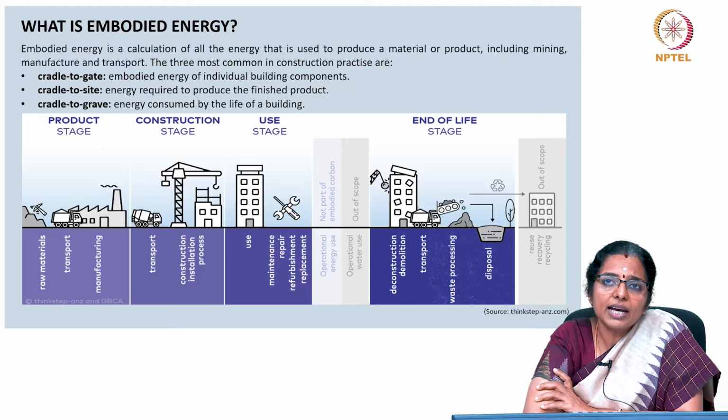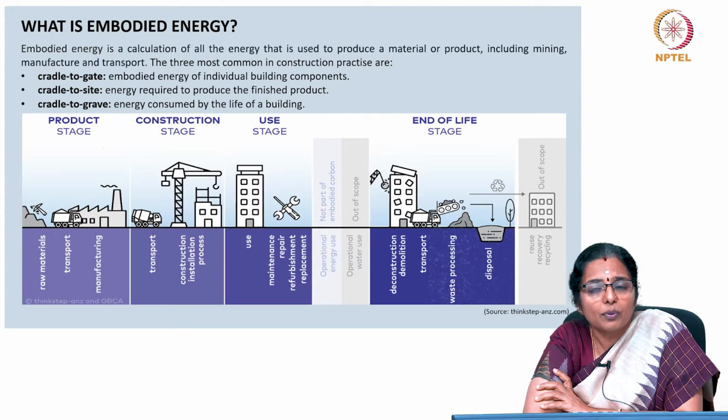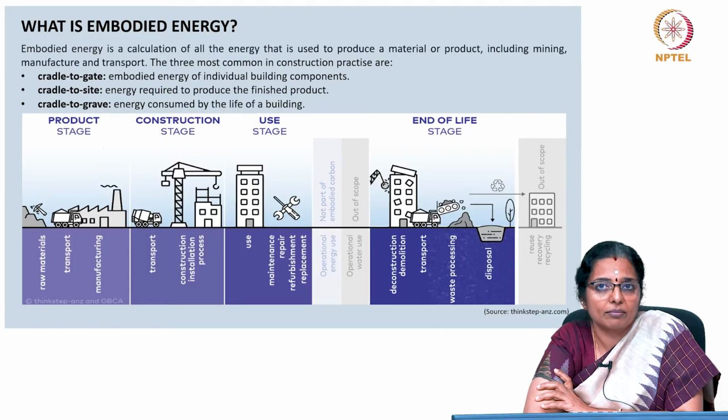It includes the energy used for the extraction, the processing and the manufacture of the materials of the building, as well as the transportation and assembly on site. Recurring embodied energy is the energy needed to refurbish and maintain the building over its lifetime. Demolition energy is the energy necessary to demolish and dispose of the building at the end of its life.